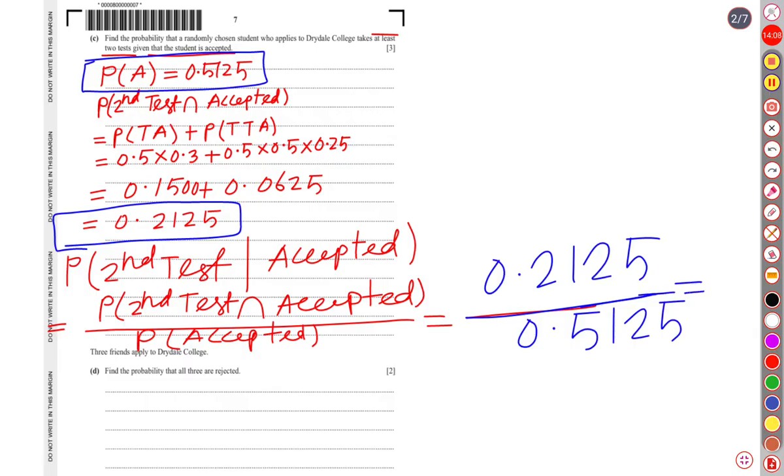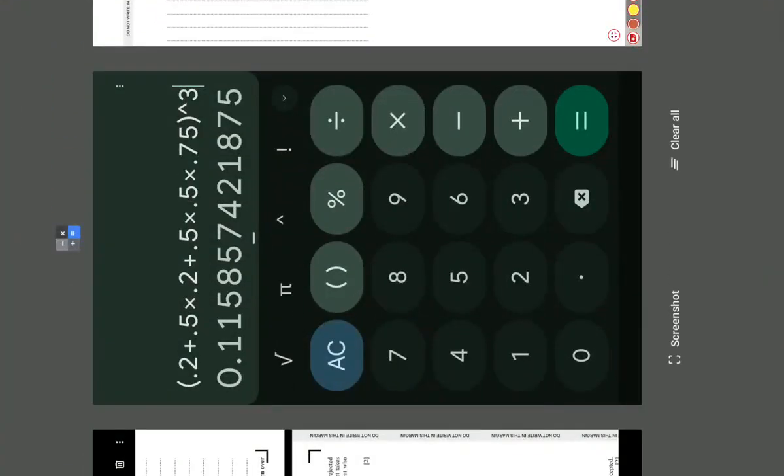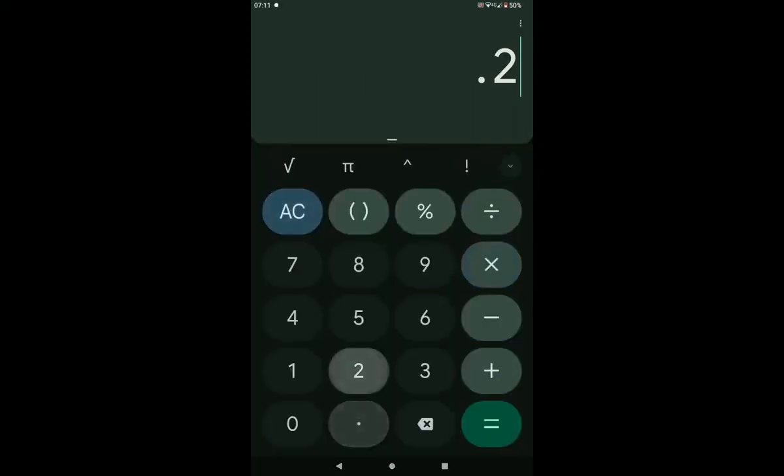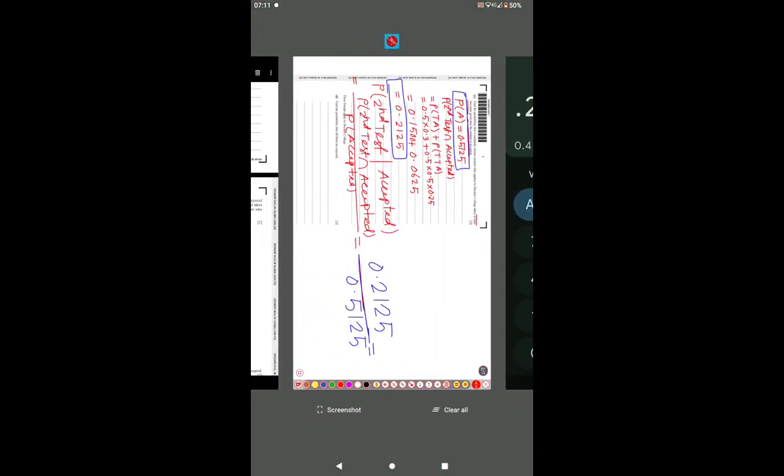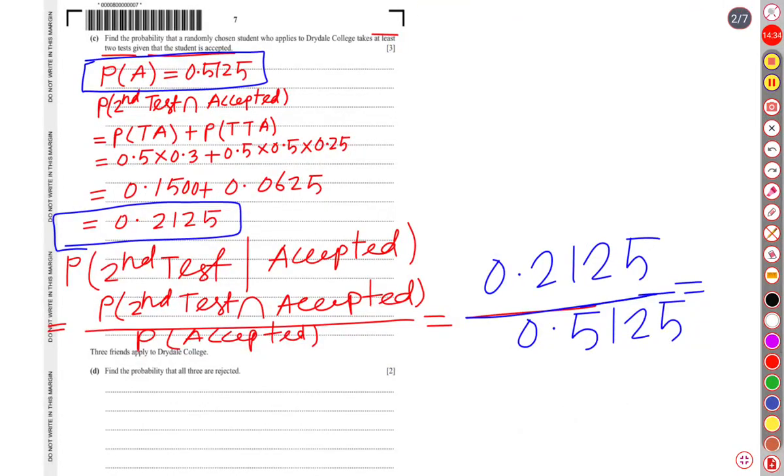Equal to, we can use our calculator, 0.2125 over 0.5125, equal to 0.4146. If we round it to three significant figures, it is going to be 0.415. I think you got my point how to solve this.